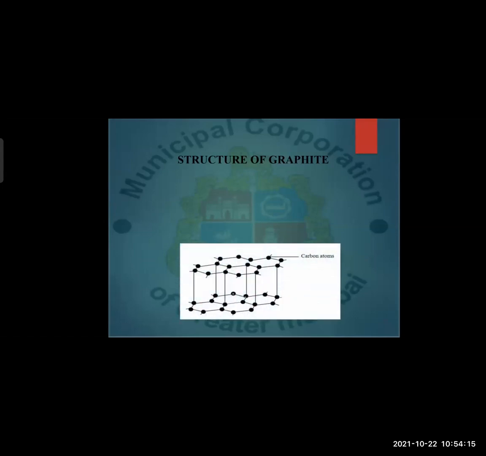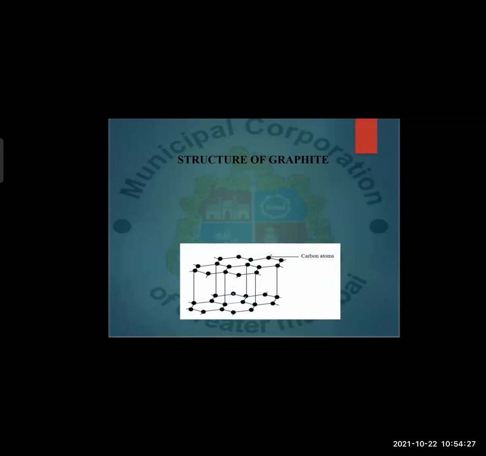So now we have come to the structure of graphite. This is the structure of graphite. See how the carbon atoms are bonded to each other. They form a hexagonal shape.